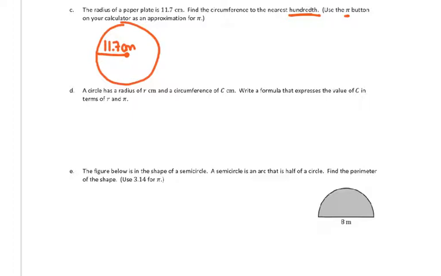Now, remember that pi is a decimal that does not end, and it's also a decimal that does not repeat. So when we approximate for pi, when we say that pi is 22 over 7 or 3.14, we are really rounding that decimal.